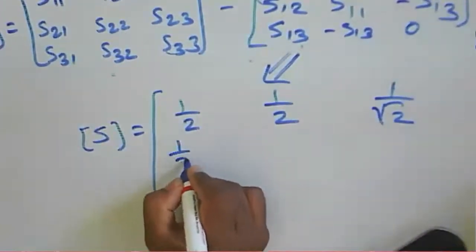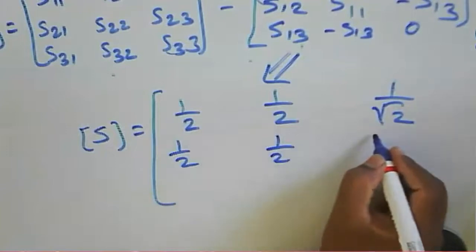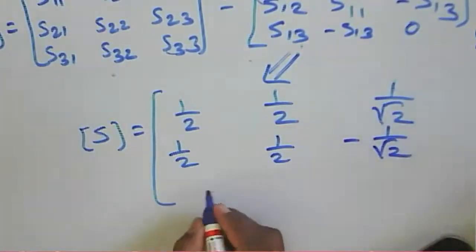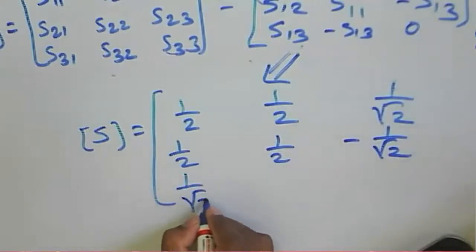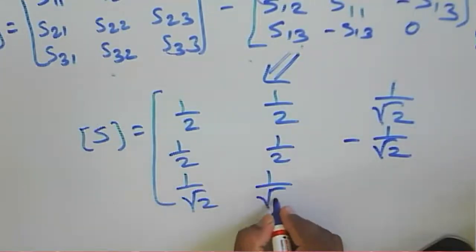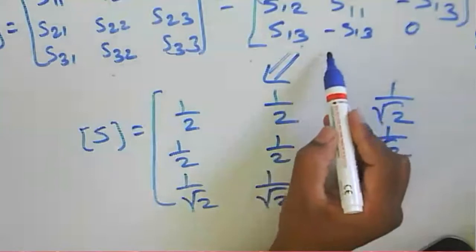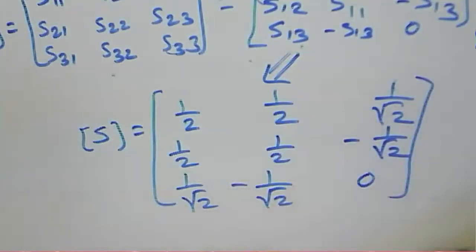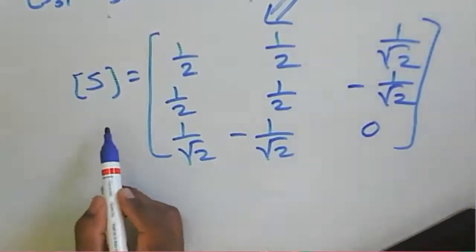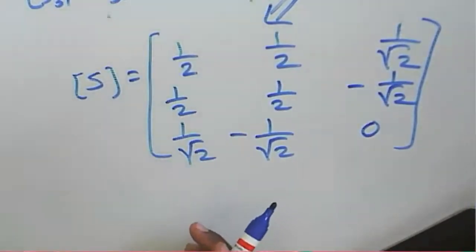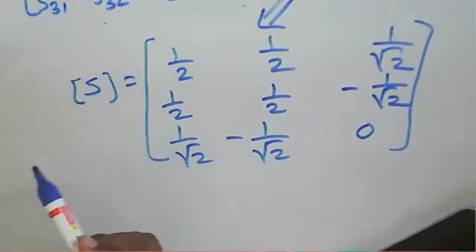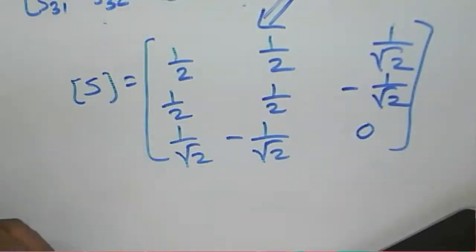Then 1 by 2, 1 by 2, minus 1 by root 2, then 1 by root 2, 1 by root 2. Sorry, this one is a minus here. So now that's all, we are expecting that answer for the E plane T. That is about the S matrix for the E plane T.